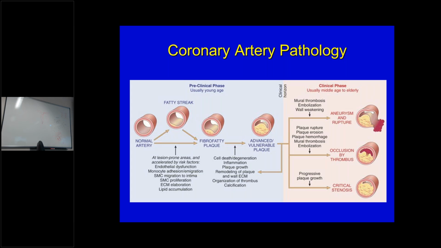And then if you get bleeding inside the plaque, you can get a thrombus, and so it clots in the leftover space that you have, or you can get just critical stenosis where it gets so big it cuts off too much blood supply. You get worsening angina until the patient just doesn't have enough blood supply.